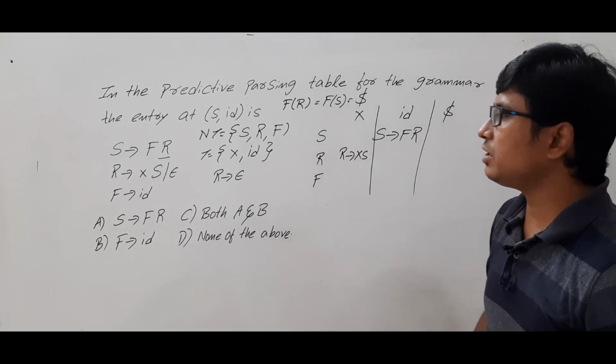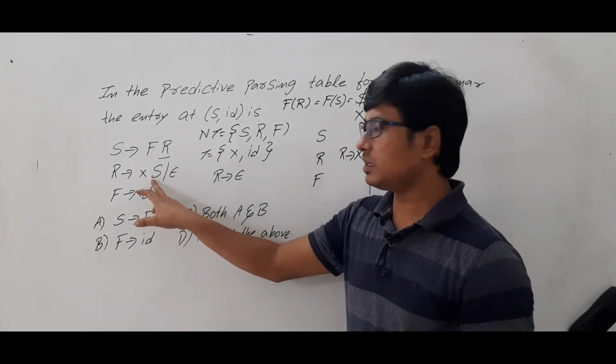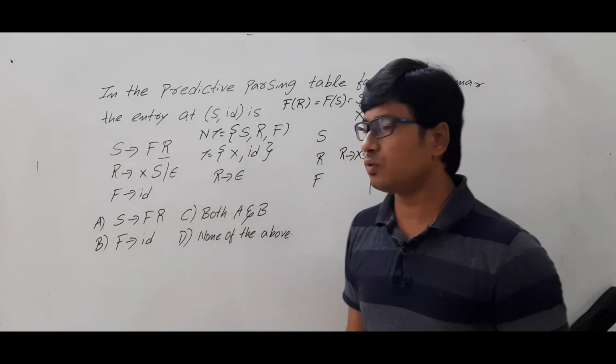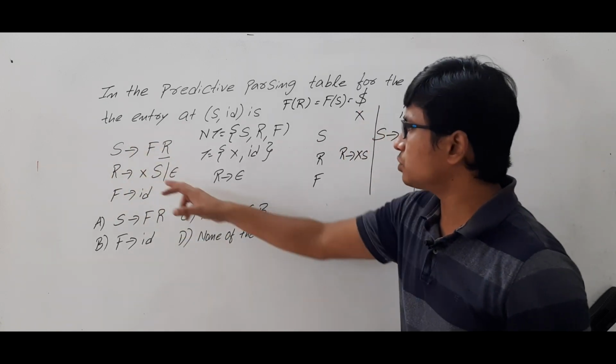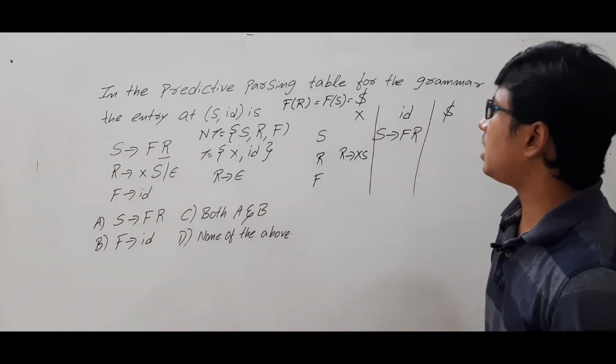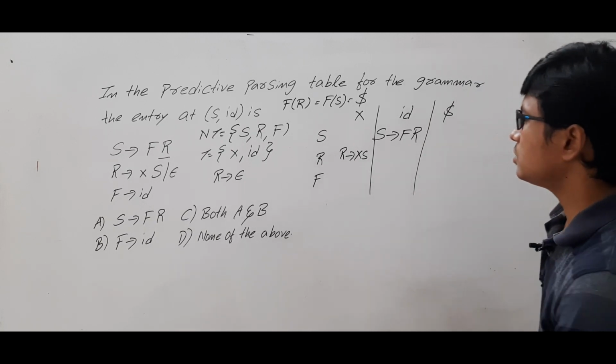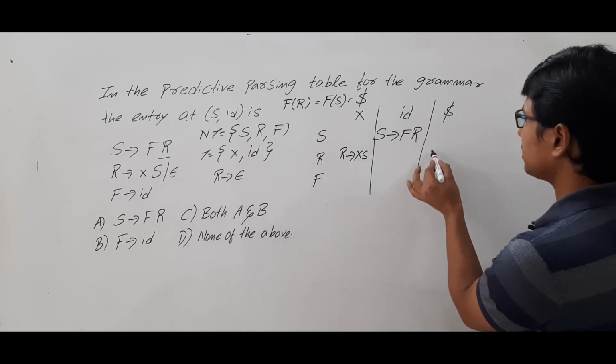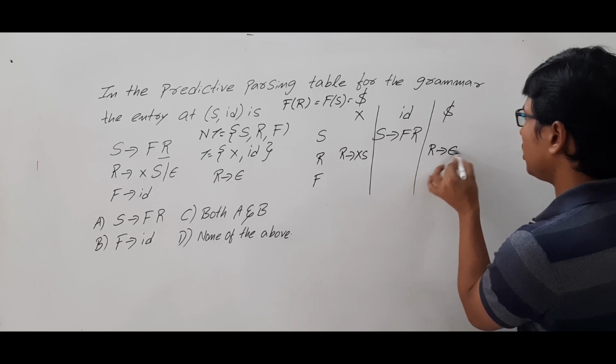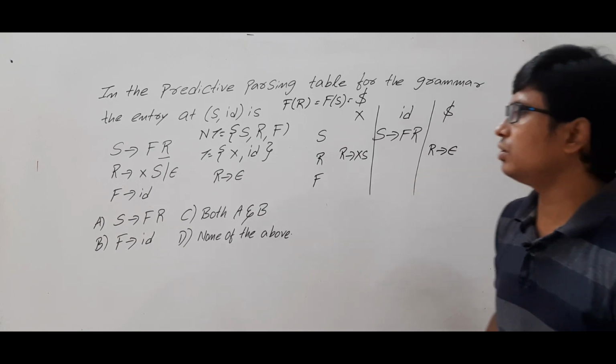Will you agree with me or not? And similarly, S is there here, so follow of S is equal to follow of R. So I can say that follow of R is dollar. So I need to write the production R determines epsilon under dollar only.